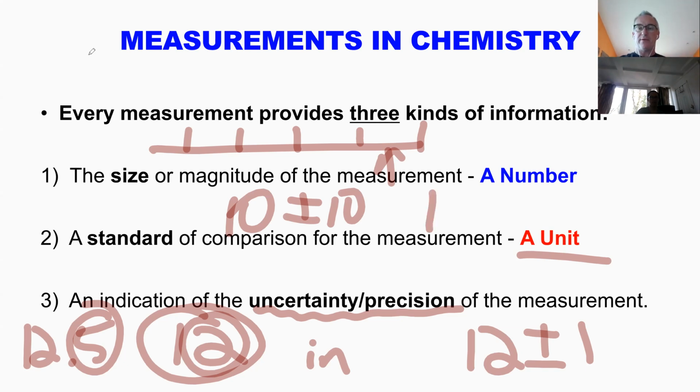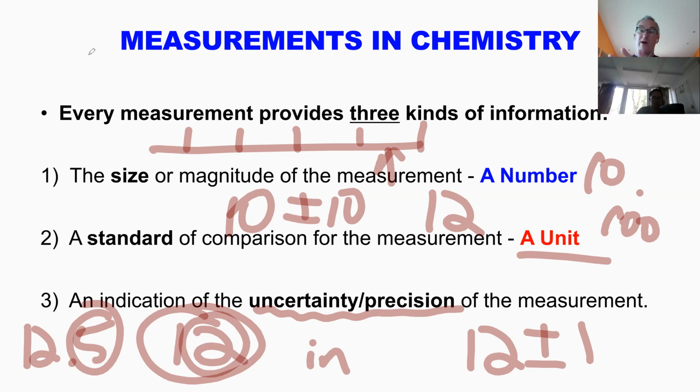If I put another number, that means to the nearest 1. If I have 10 with a period, with a decimal place, that means 10 to the nearest 1. But if I don't have the decimal there, it just means to the nearest 10. And 100 would be to the nearest 100. So there has to be some indication of how precise your measurement is.